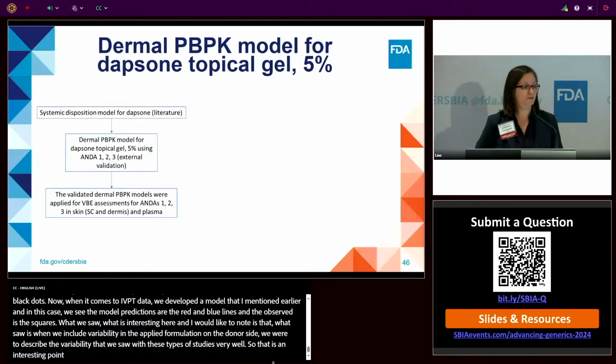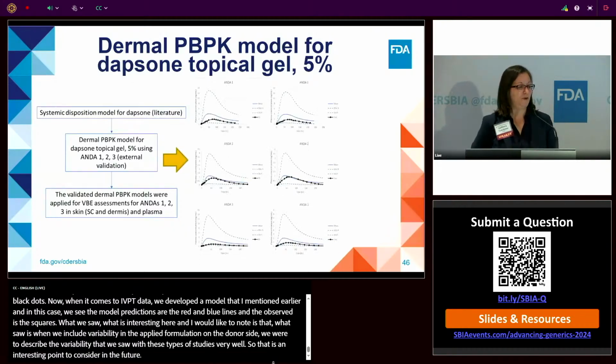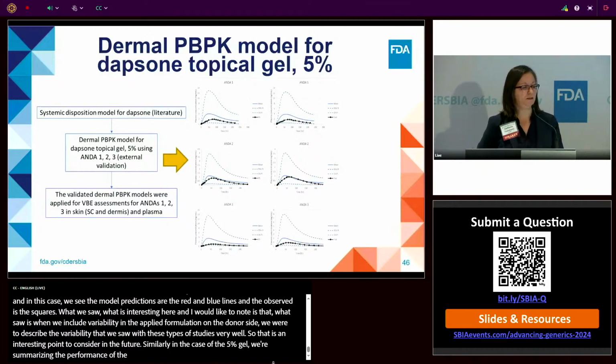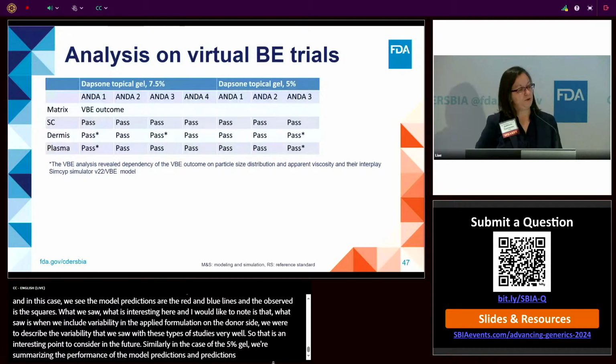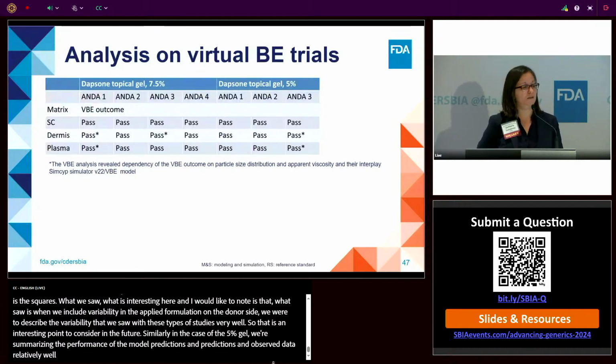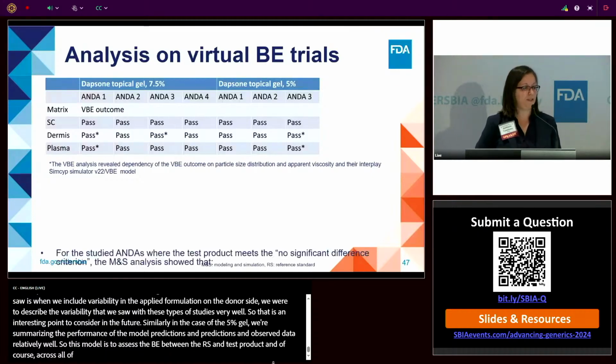Similarly, in the case of the 5% gel, we're summarizing here the performance of the model, predictions and observed data overlay relatively well. So these models were applied to assess bioequivalence between the RS and the test product in the stratum corneum, the dermis, and the plasma across all the ANDAs that we utilize for model development and validation.